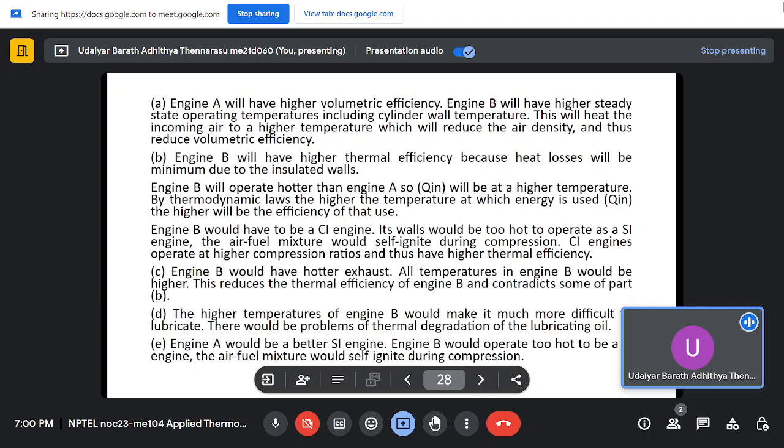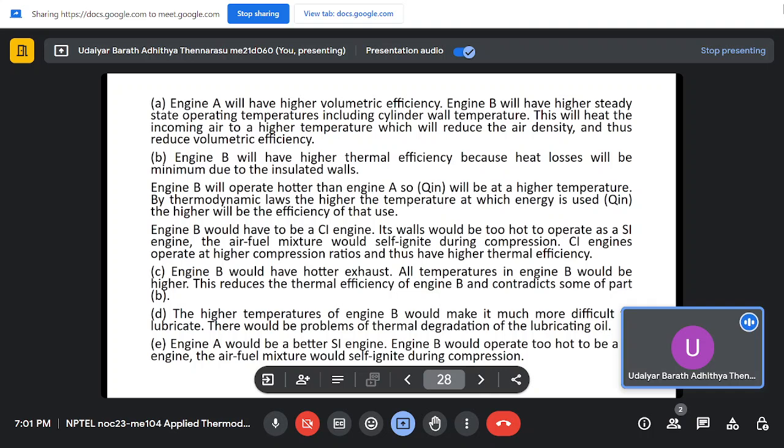So we saw volumetric efficiency: the temperature is higher, so the density will be lower and it affects the volumetric efficiency. But the thermal efficiency is higher because you're losing less energy.